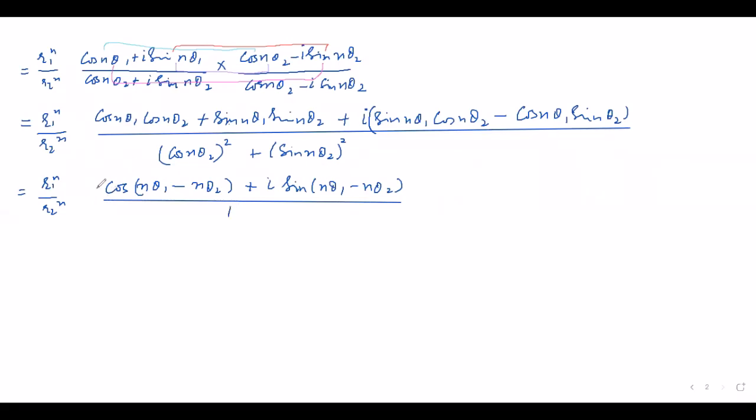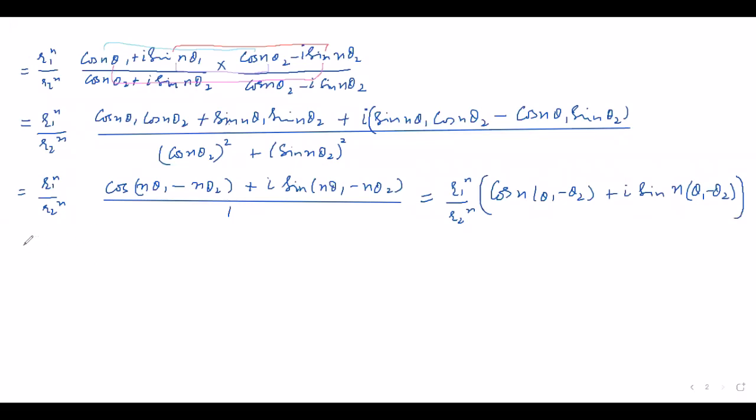After this, take n common from this bracket and n common from this bracket, and we get it equals R1n by R2n, cos of n theta 1 minus theta 2 plus iota sin of n theta 1 minus theta 2, and a bracket around it.